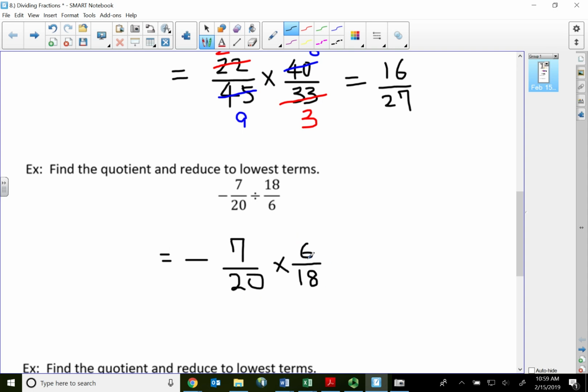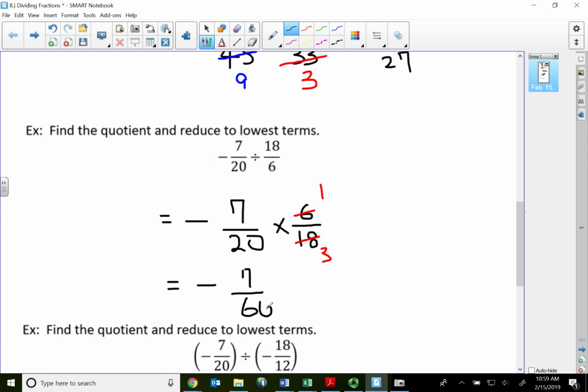The 6 can be reduced with the 18 or the 20, but I'm going to reduce 6 and 18 by 6. So 6 going into 6 one time, 6 going into 18 3 times. The 7 on top can now reduce with the 20 or the 3. Now I multiply them side by side. So my final answer, negative 7 over 60.